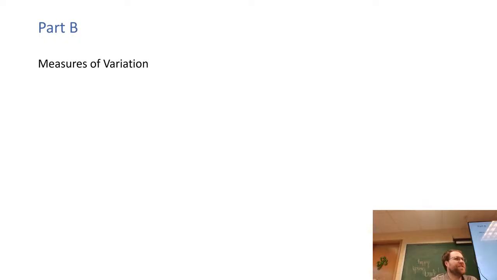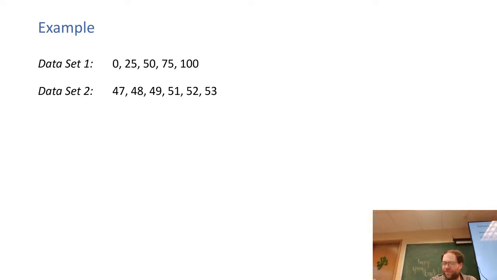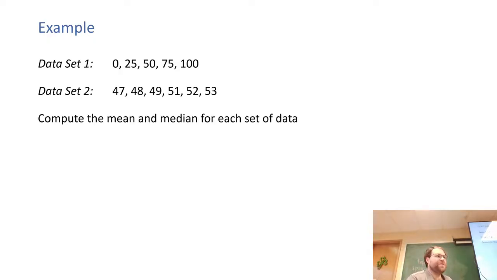Which leads us to the second part here, measures of variation, or how spread out values are in data sets. Let's say we look at this example here at your seats. Let's have you find the mean and median of each of those data sets.